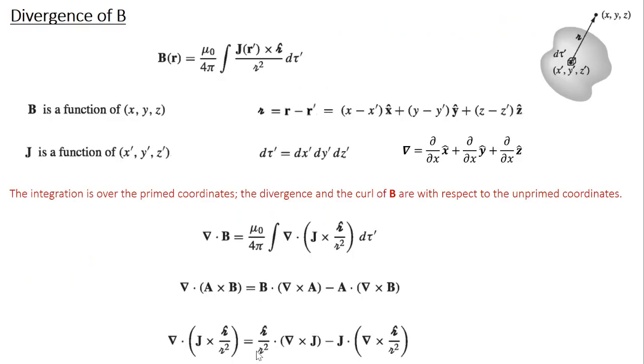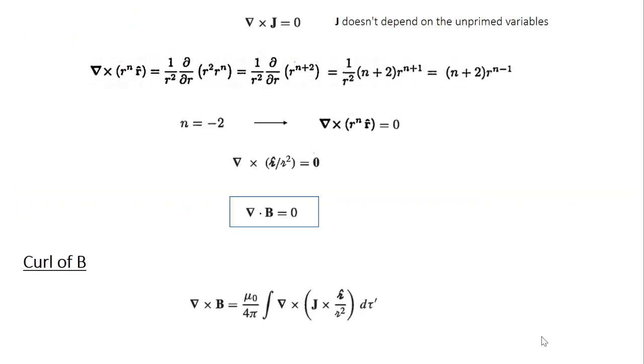So in this expression, curl of J equal to 0, curl of r cap by r square equal to 0. So when you substitute in this expression, you get divergence of B equal to 0. So this is a generic expression for any given current configuration. The value of divergence of the magnetostatic field is always 0.